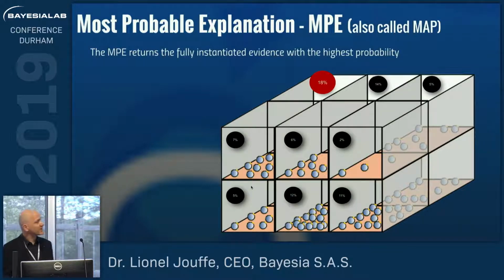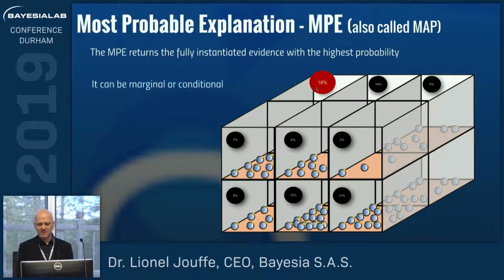Remember that a Bayesian network is representing this joint, so we are trying to find the most compact representation of this joint probability distribution. Here it's just an illustration with 3 dimensions, one variable with 3 states and the other one with 2 states, so I have a hypercube made of 12 cells, right? And in this hypercube, the MPE will identify the cell with the highest probability, right? So the MPE will return this set of evidence.